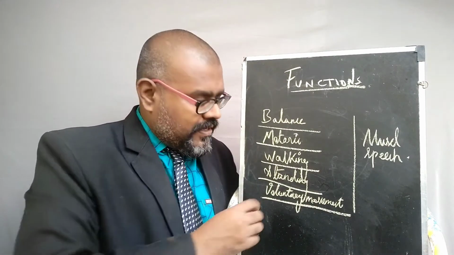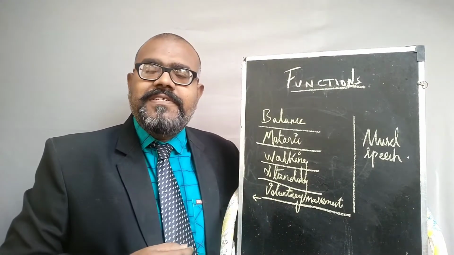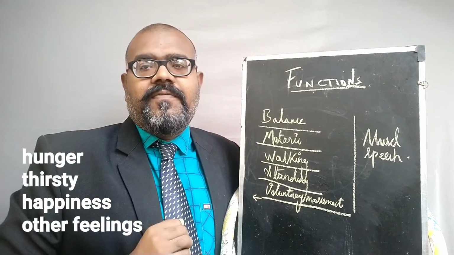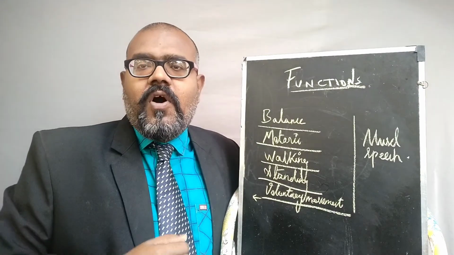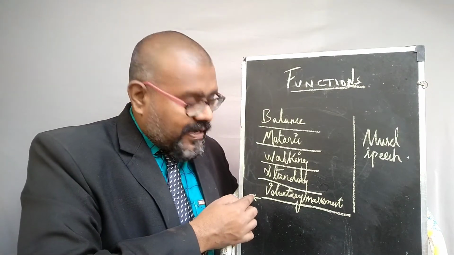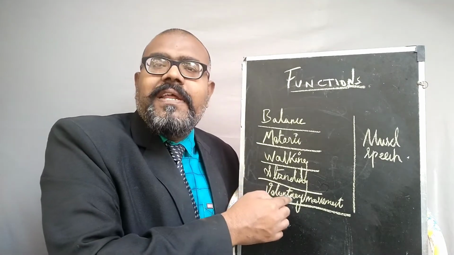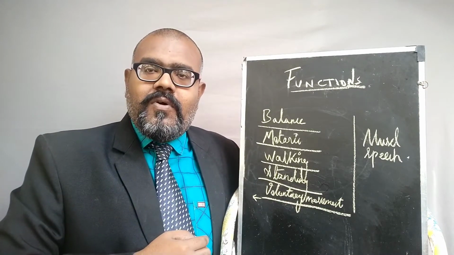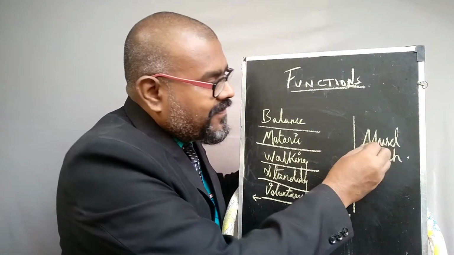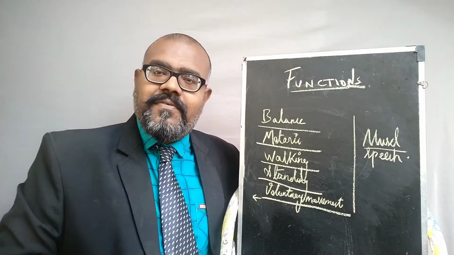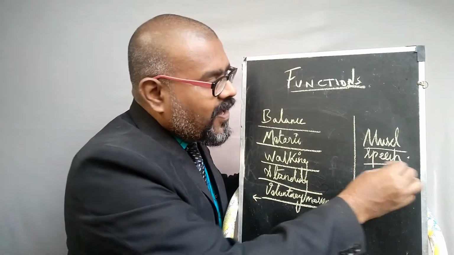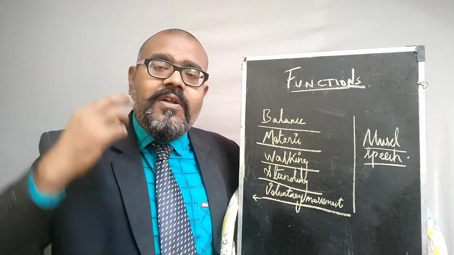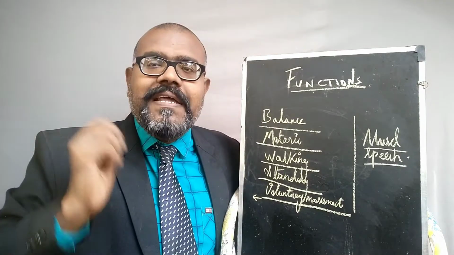Voluntary movements: hunger, thirst, if you feel anger or something, all of these come under voluntary movement, which is managed by the cerebellum. This is a very important part. Then all the muscular activity is done by the cerebellum. And last, if you want to speak, the information, or the controlled mannerism, is given by your cerebellum.